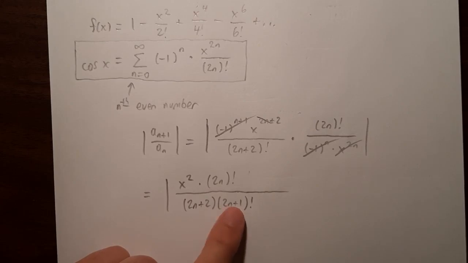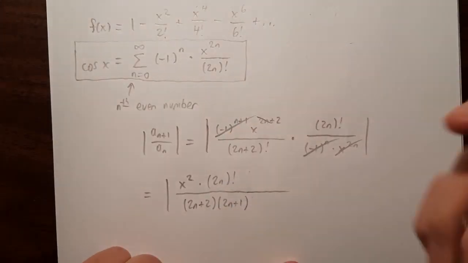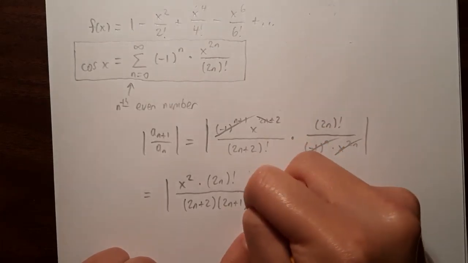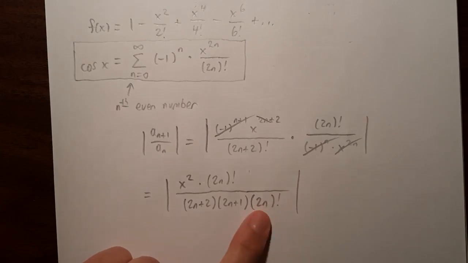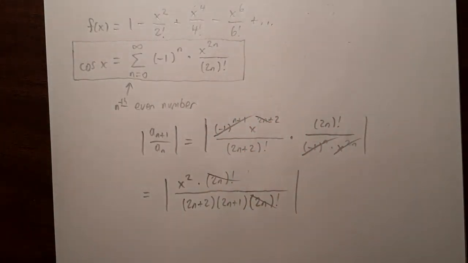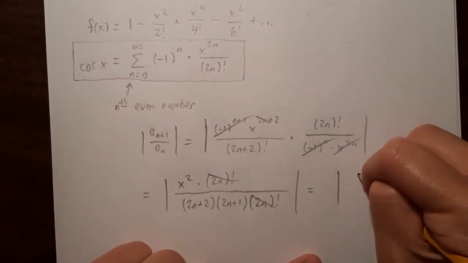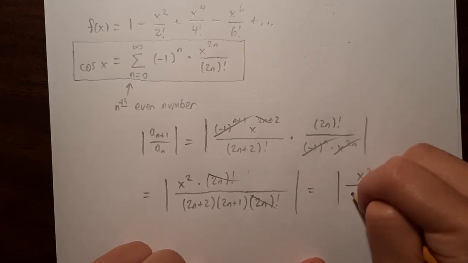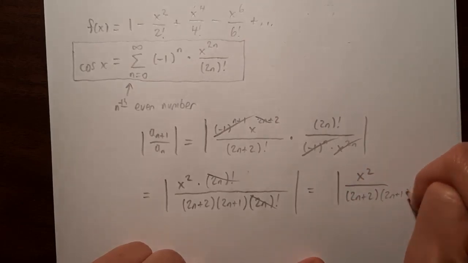But that doesn't really help. I still can't cancel anything, so maybe I'll go one more down. This factorial can break apart into 2n plus 1 times 2n factorial. I think now we're in business. Now we can cancel these out. So evidently all we're left with is x squared on top over 2n plus 2 times 2n plus 1.